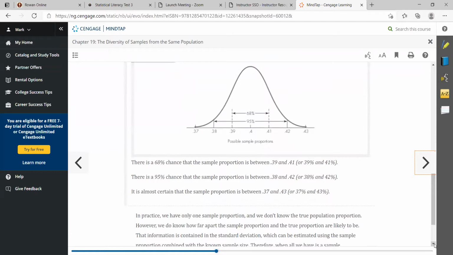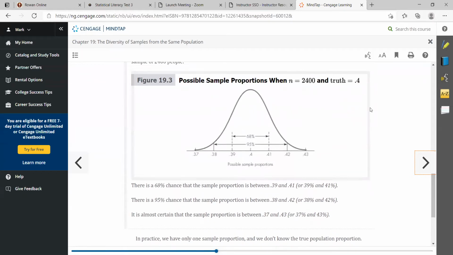Now, here's the big deal about that. Why do we need to even calculate that? Well, if we wanted to see the possible range of different sample proportions, again, with 1,000 people maybe doing the same samples, we want to know the possible range of these sample proportions.